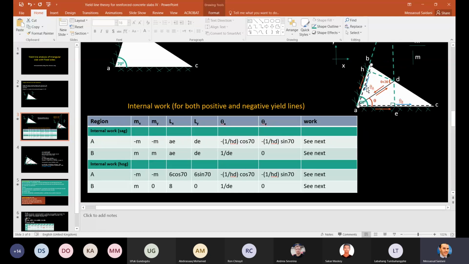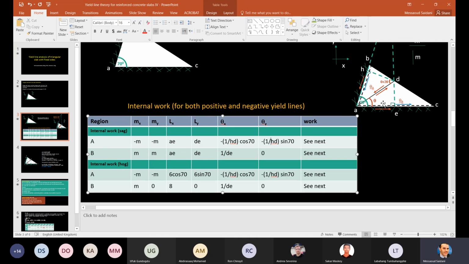And when you project it on the vertical axis, again it's down, so it's minus 1 over HD, this time sine 70. Then for the work, I couldn't put it all in the box here, it's very long, so it's on the next page. What you do is take Mx times Lx times theta x plus My times Ly times theta y. Then you repeat the same for region B, which is this one here.